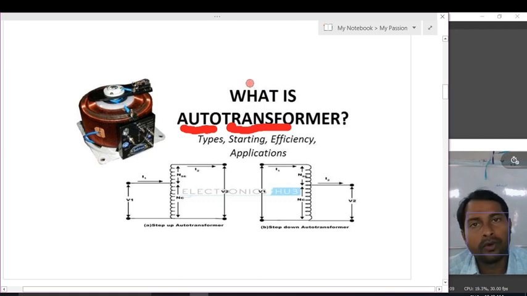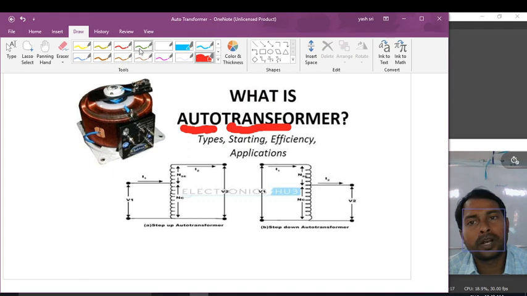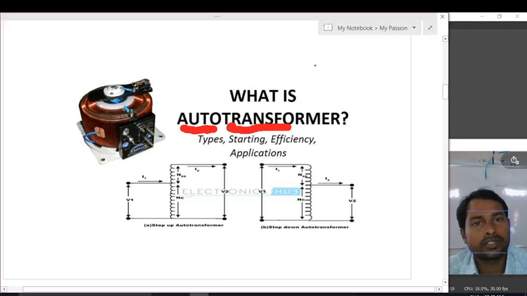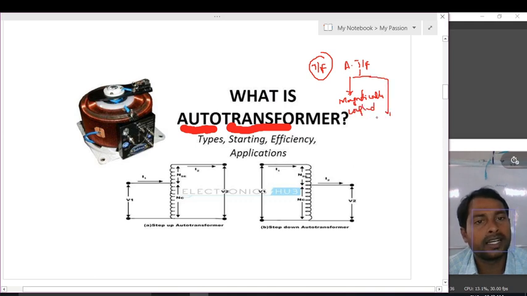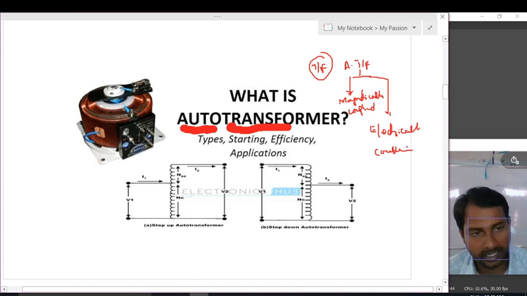A normal transformer is a magnetically coupled circuit, but an auto transformer is both magnetically and electrically coupled.